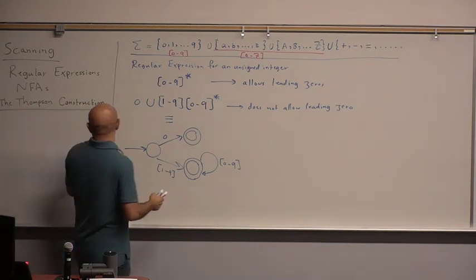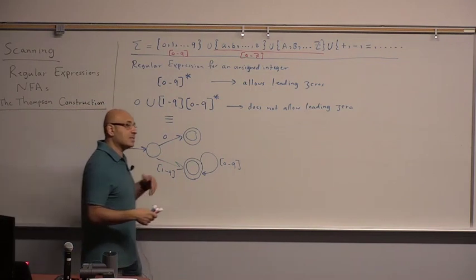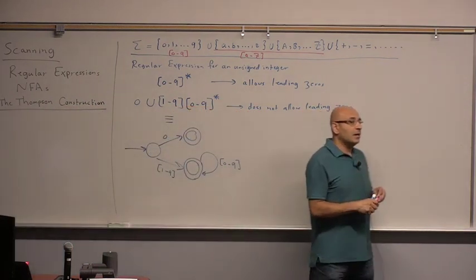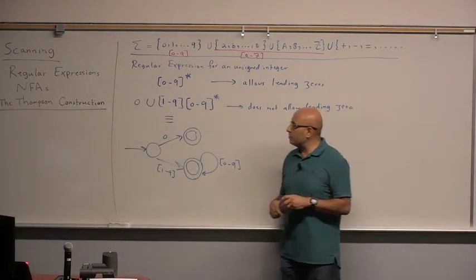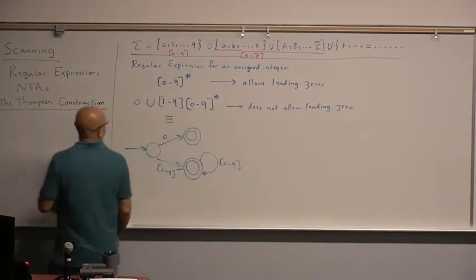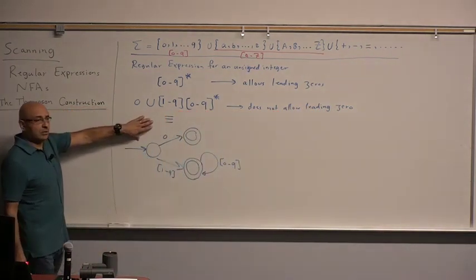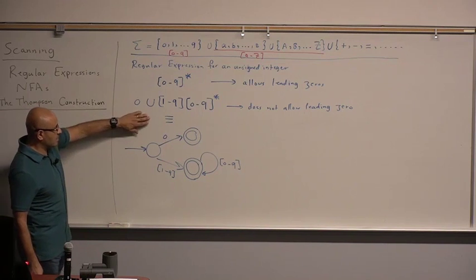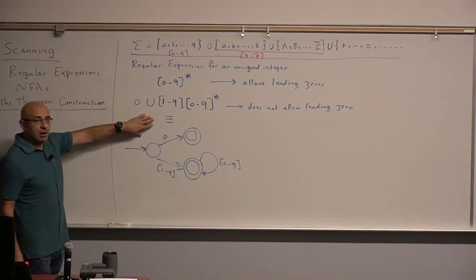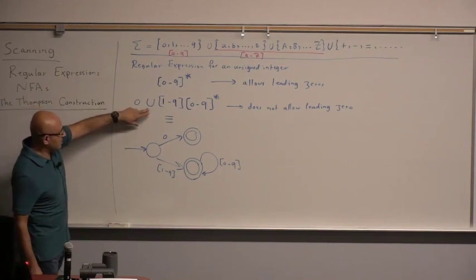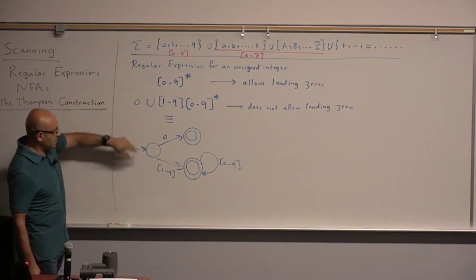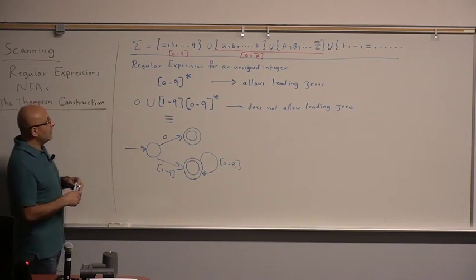So today we will be covering the Thompson construction, which is a systematic way of converting a regular expression to an NFA. But here we are doing it informally, just by inspection, because it's so obvious and intuitive to convert this regular expression into an NFA.